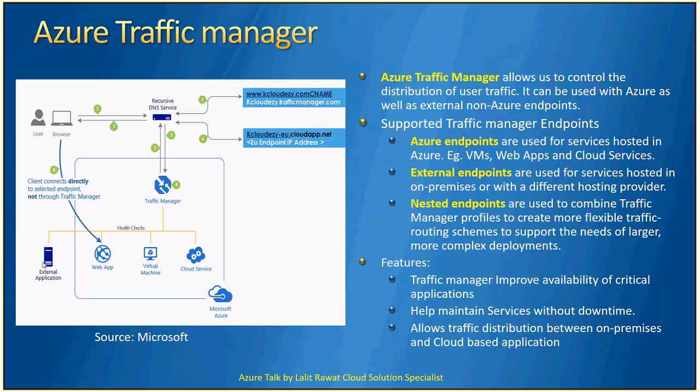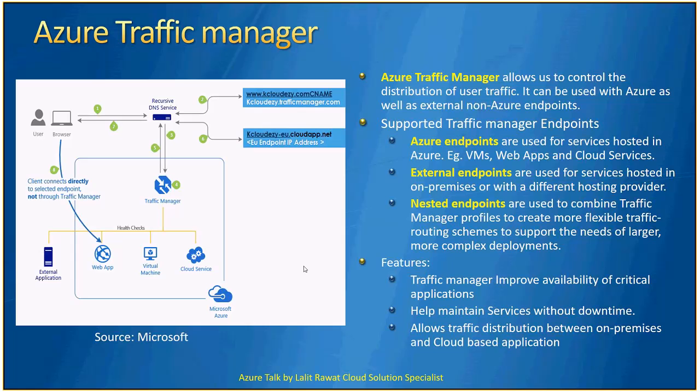If you're using any external applications, it goes over there, coming back to the client directly and selecting the endpoint, not through Traffic Manager. So basically this diagram shows how, based on your requirement and how you configure your Traffic Manager, it routes the traffic. Let's move to the next slide.